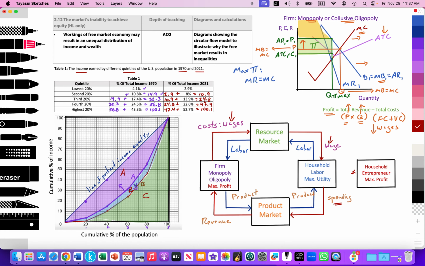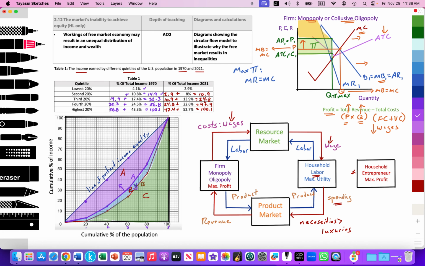And we would typically see that as wages go down for labor, we would expect the amount of spending on necessities to be greater than their spending on luxuries, as they're falling into poverty over time.